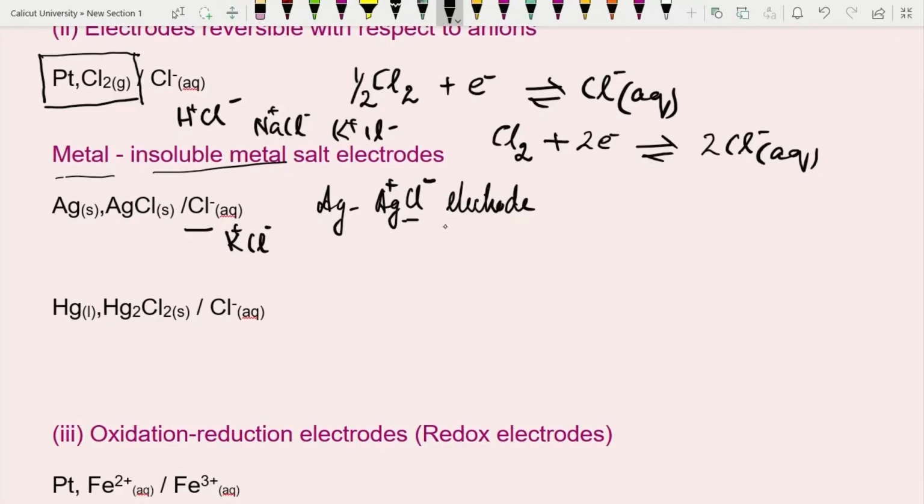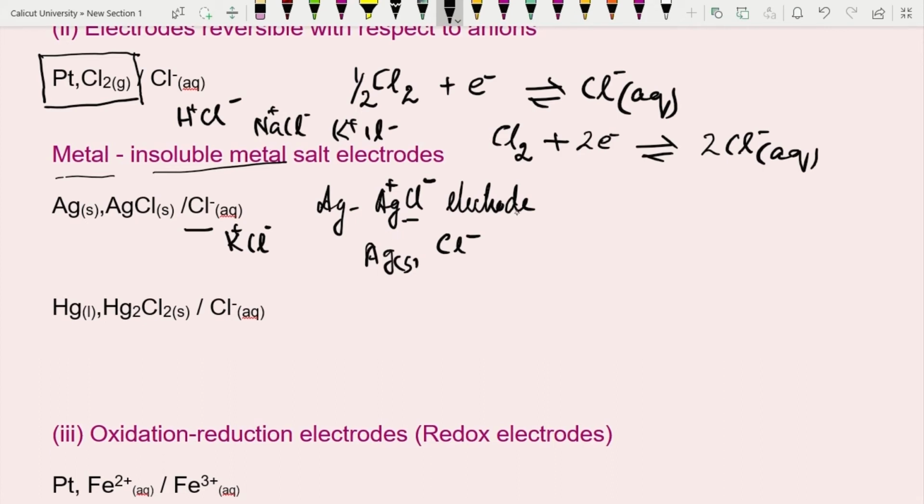The electrode reaction should contain only those elements; any other elements should not be shown. So, here we have silver chloride salt, that is Ag plus and Cl minus, and the ion is Cl minus, and then you can have Ag solid. These are the things involved in the silver chloride electrode.